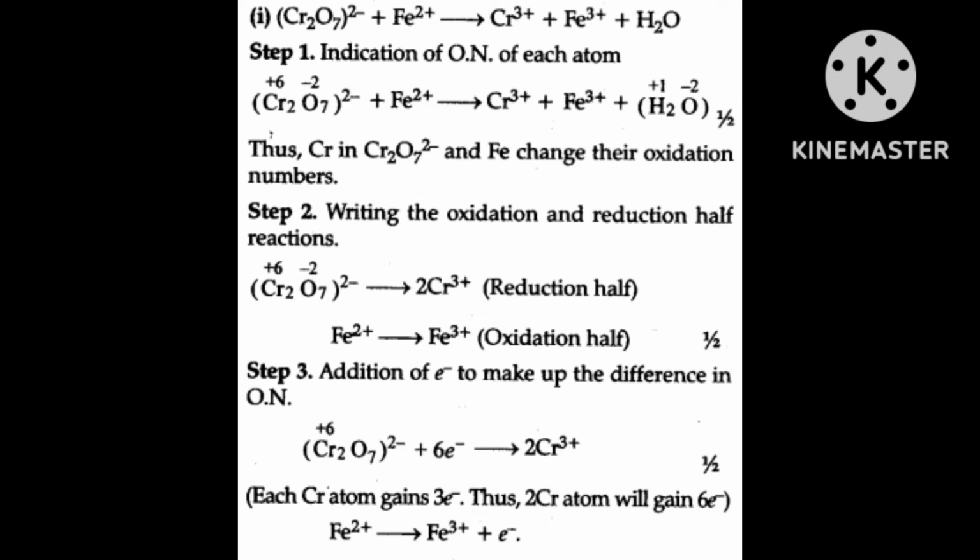Now you are adding from the reduction side. 6Fe2+ came from the oxidation left side, and Cr2O7 2- plus 14H+ is from the reduction side, means the left side you have written. Now for the right side, 6Fe3+ was there from the oxidation right side, and for the reduction right side, 2Cr3+ plus 7H2O.